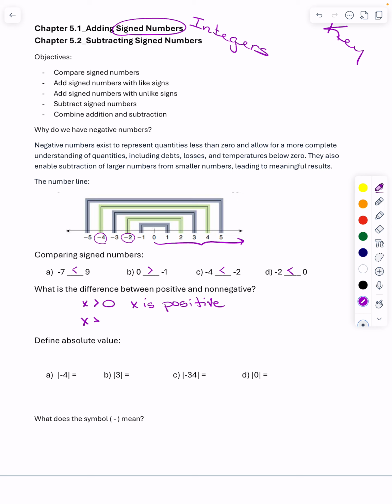If I want to include 0, then I'm going to say x is non-negative. It's anything that is not a negative. So it could be 0, it could be a positive number. And this works with negatives the same way. We could have a value that is negative or a value that is not positive. Okay.